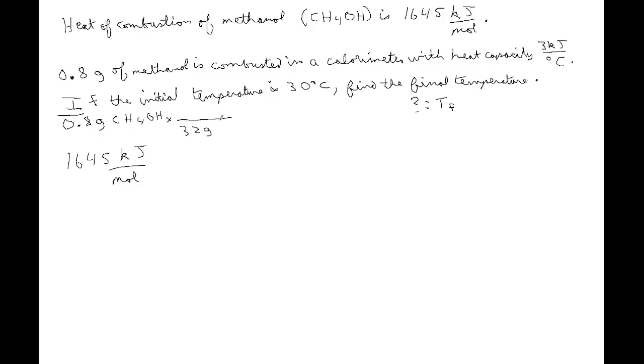And that gets 0.025. How did you get that 32? 12 plus 16, plus 5, so 33. Good. 0.024. Now we have that many moles of methanol combusted.